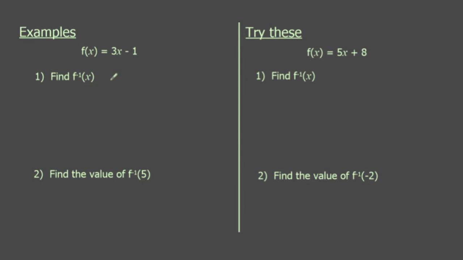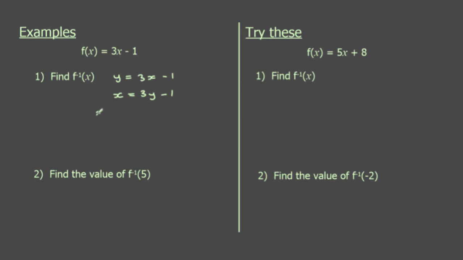So at the moment we can say y equals 3x minus 1, and for the inverse function, the input becomes the output and the output becomes the input, or x becomes y and y becomes x. So we can flip the x and y around, switch them around, and then we are going to make y the subject of the formula.